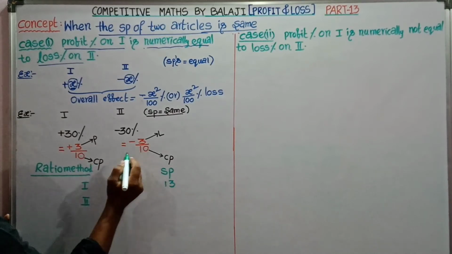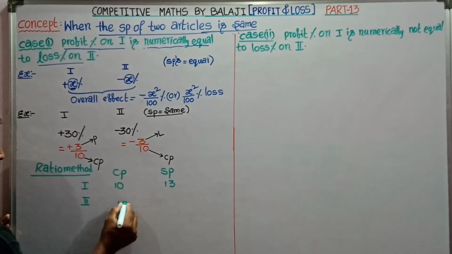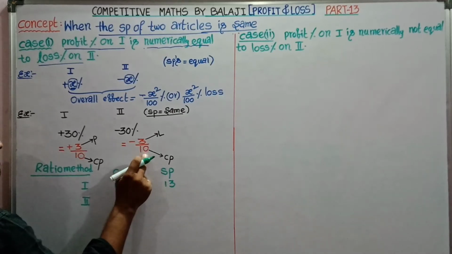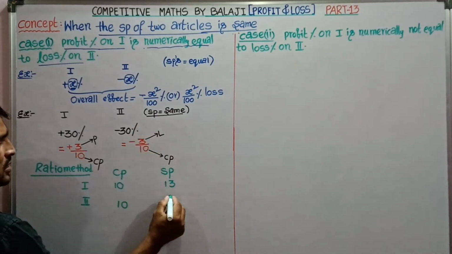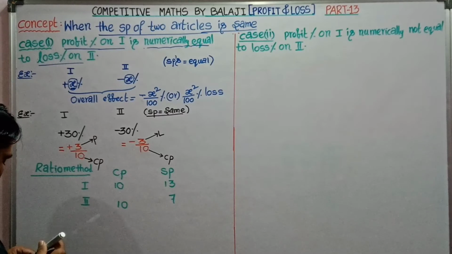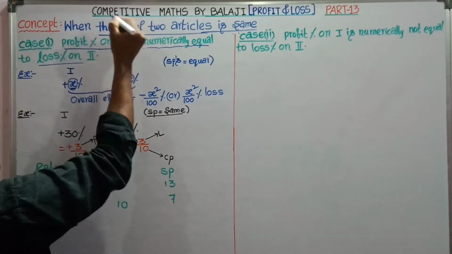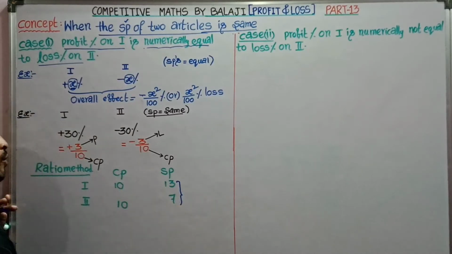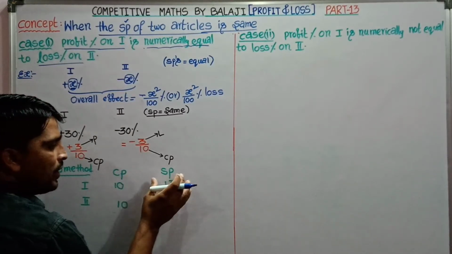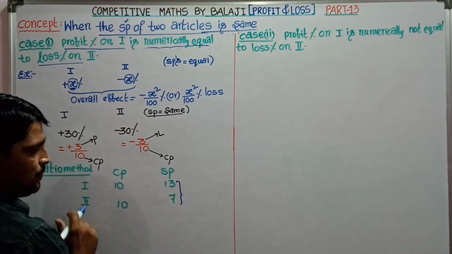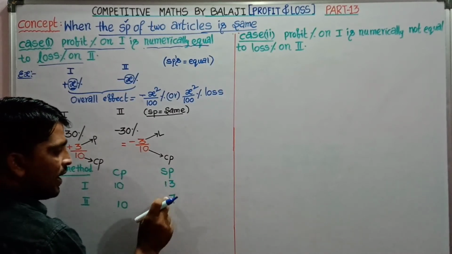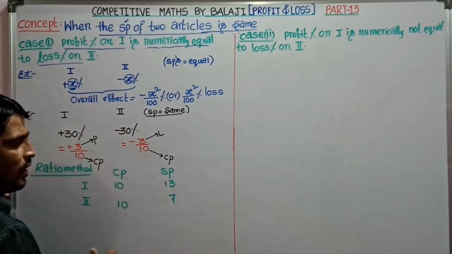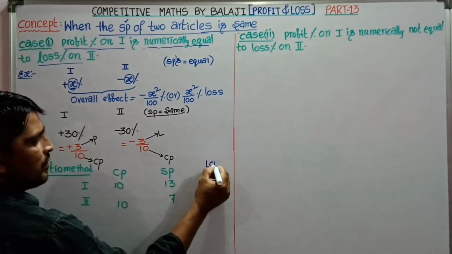The cost price of the second pen is 10 units, and the selling price is cost price minus loss, that is 7 units. But the concept is that the SPs of the two articles are equal. See here, the SPs are not equal. We have to equate the SP of both pens. So consider the LCM of 13 and 7.